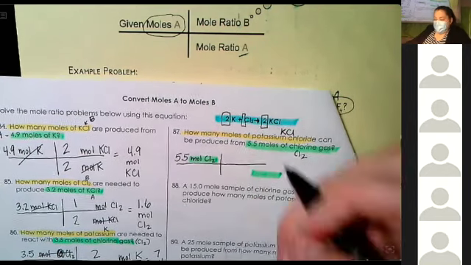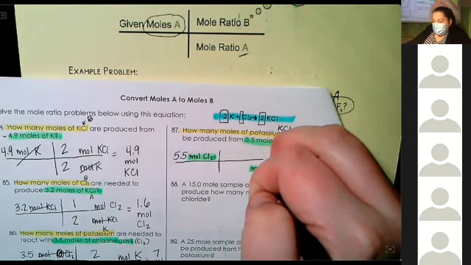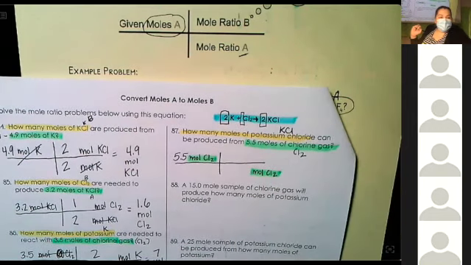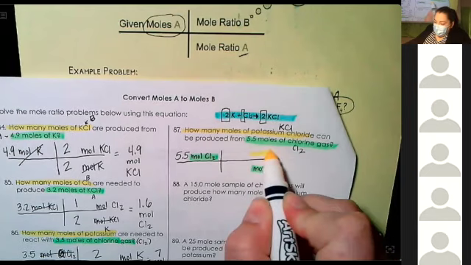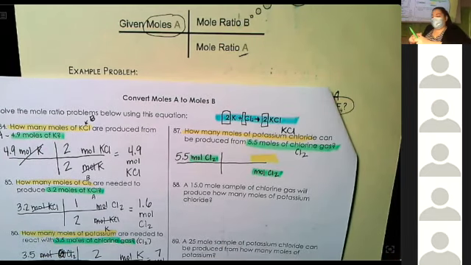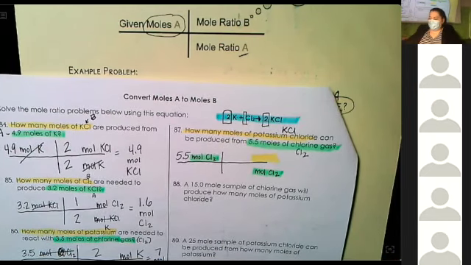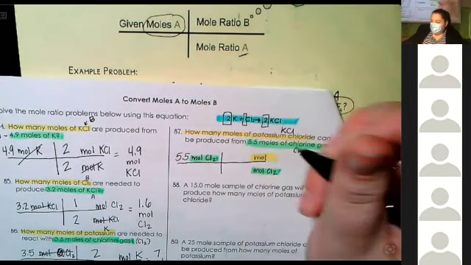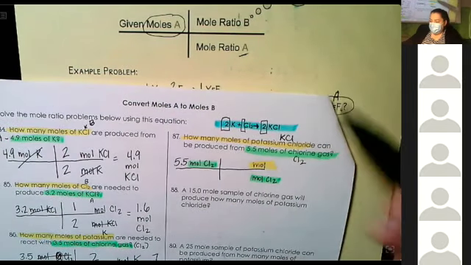So moles of Cl2 will also go down here. Good job. And then our unit up here is going to be moles of B, whatever this is, KCl.